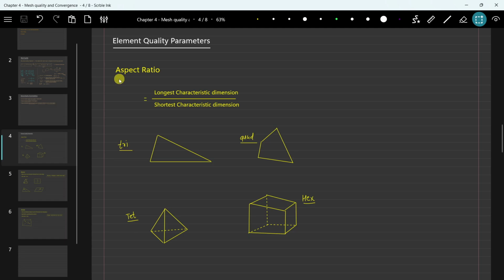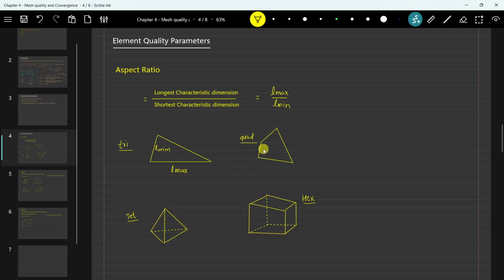The first is aspect ratio, which is very important, and it is defined as the ratio of the longest element characteristic dimension to the shortest element dimension. For a tri element, this is the minimum element length and this is the maximum. So the aspect ratio is L max by L min.